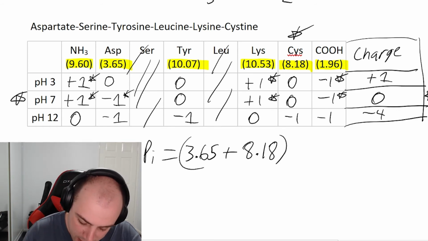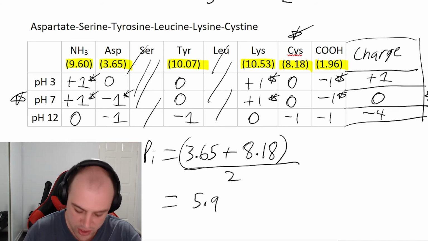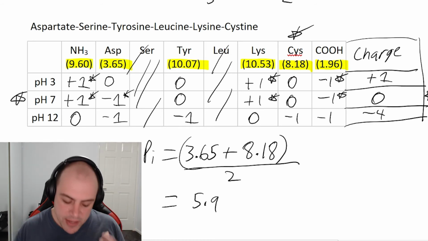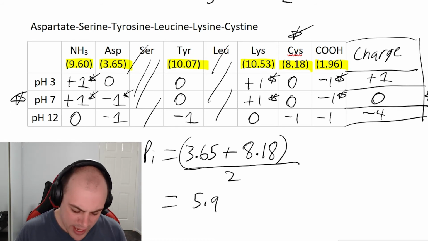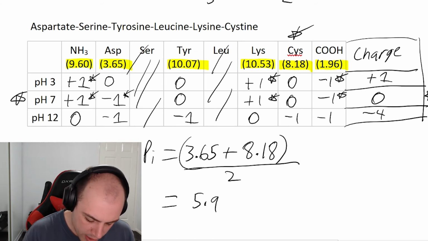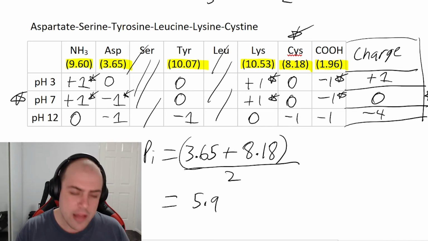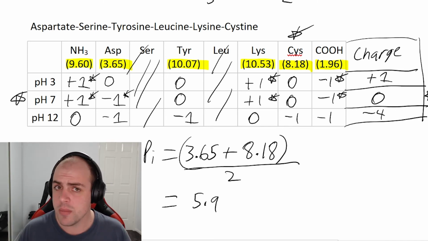So we take these two values, add them up, and divide them by 2, and we get an isoelectric point of 5.9. So then we have a look and we double check this. Does an isoelectric point of 5.9 make sense? And yes, it does, because we saw that at a pH of 7, this protein is neutral.